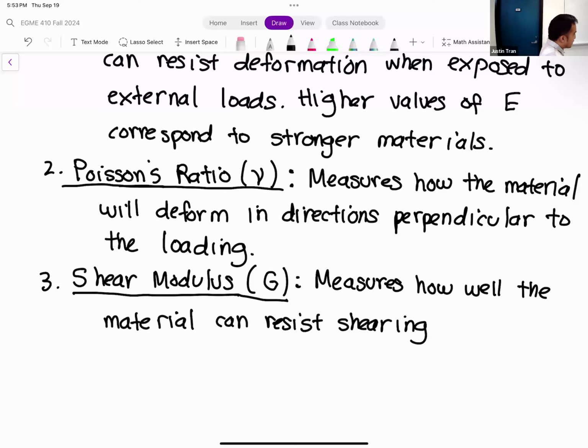The shear modulus is a parameter that measures how well the material can resist shear. It has the same units as the Young's modulus, it's just that it measures it differently. The reason we don't often specify the shear modulus is that for an isotropic material, you can compute it from the Young's modulus and the Poisson's ratio.